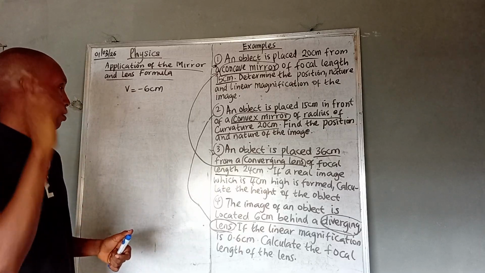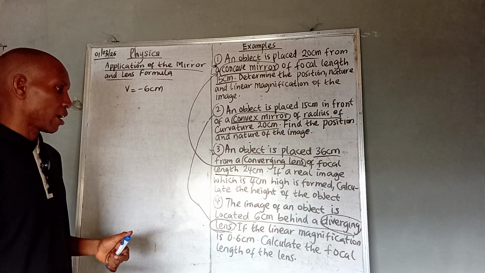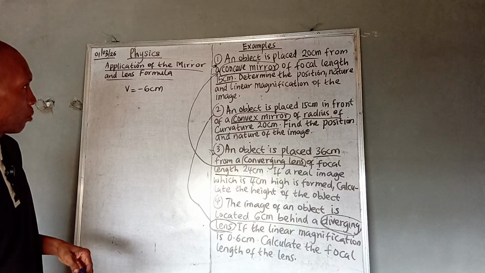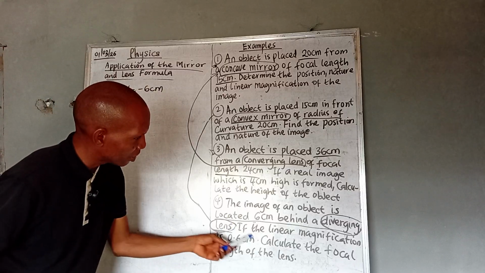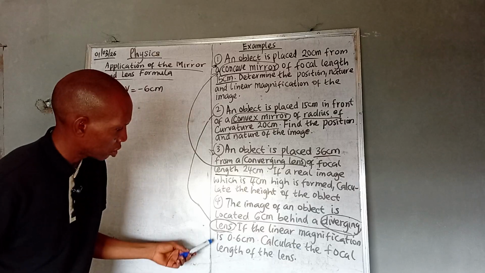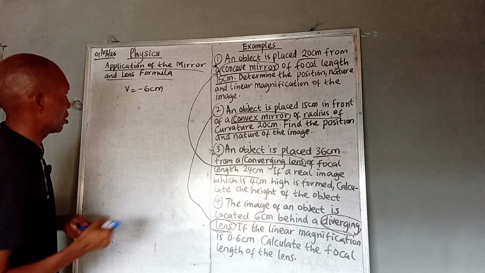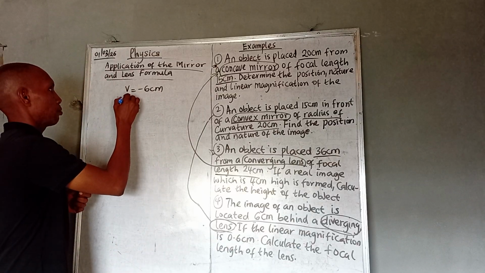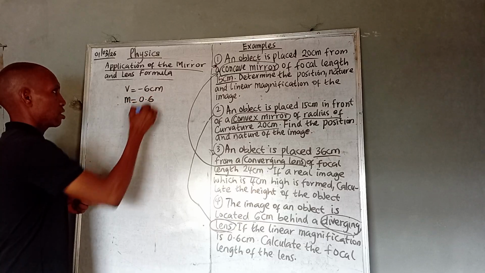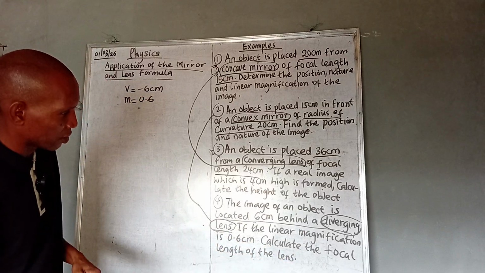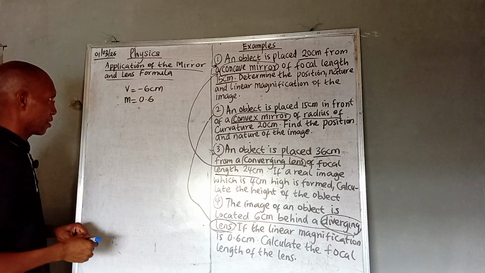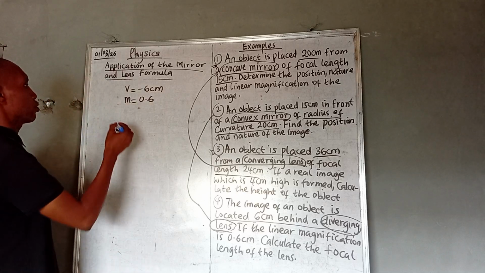The image is always virtual and upright. So since it's virtual, it's going to be negative. Then the linear magnification is 0.6, and we should calculate the focal length of the lens.